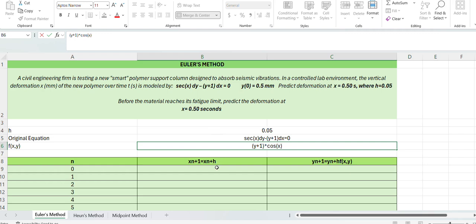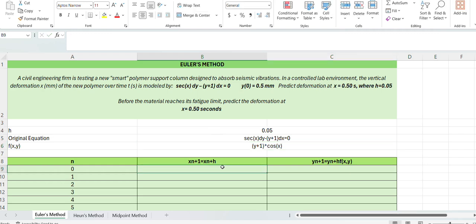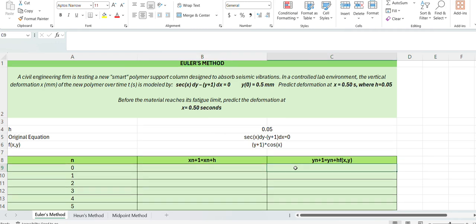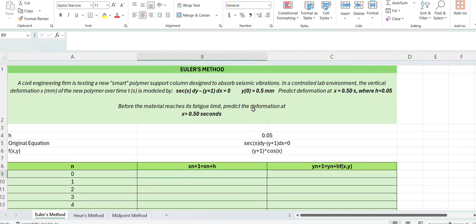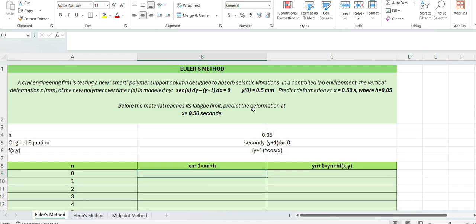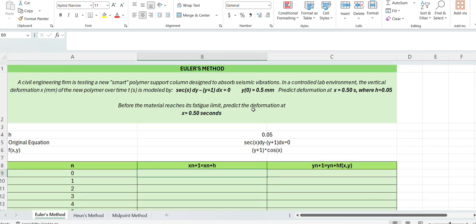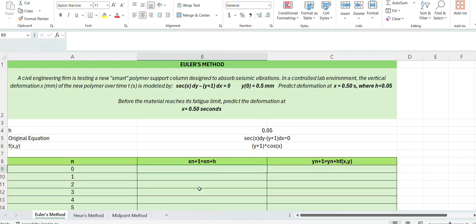So here we will establish x sub 0, y sub 0, x sub 1, and y sub 1, and so on and so forth. It is not given here the value of x sub 0 as time rates. We must consider 0 as our starting time, and it is given that the starting value of y is equal to 0.5 mm.